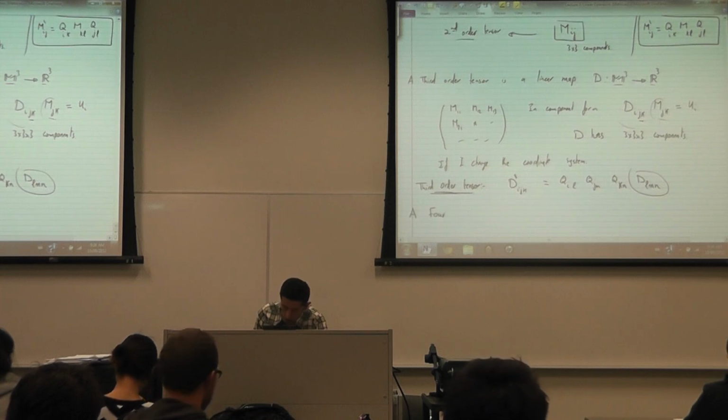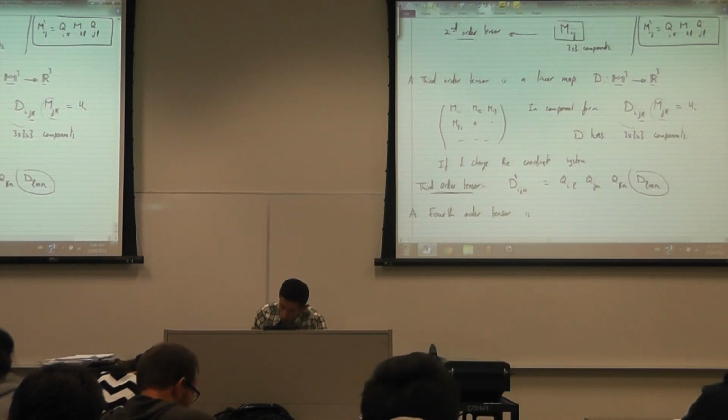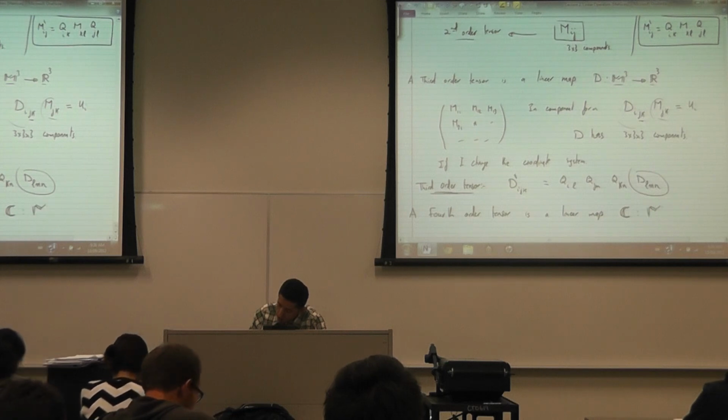The fourth order tensor is a linear map that takes a matrix and gives me another matrix.